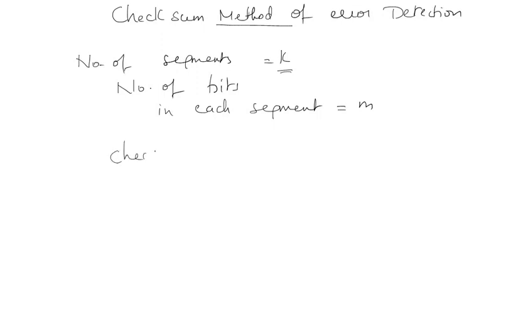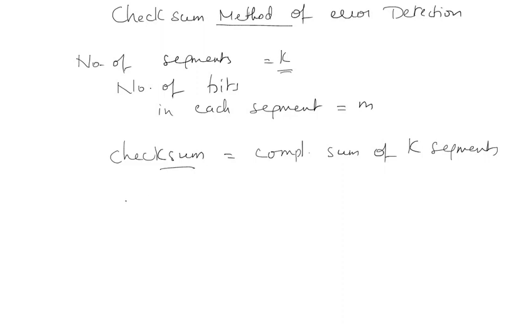So the checksum is obtained by complementing the sum of the k segments. Now after computing the checksum, this checksum is transmitted to the receiver.